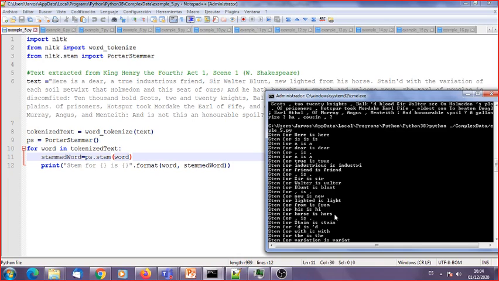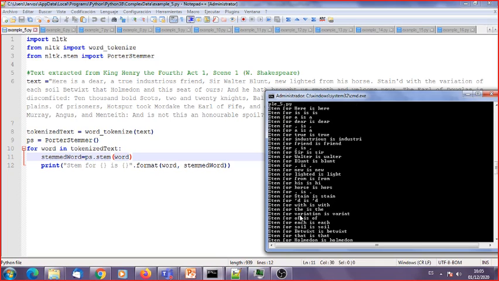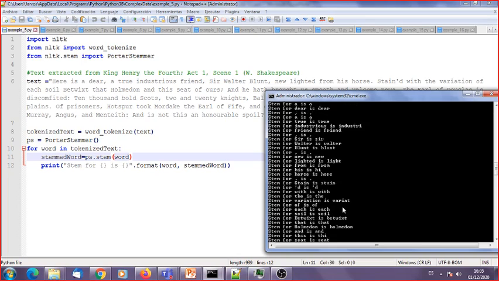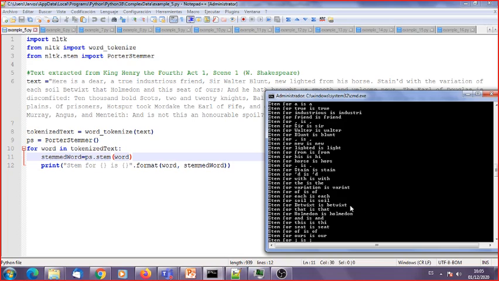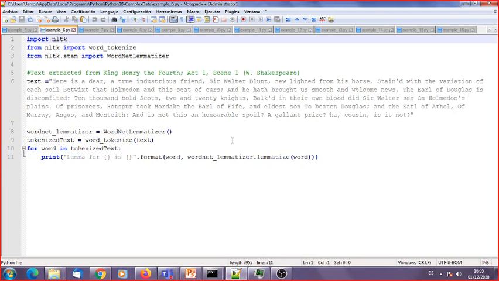So you have performed the stemming, but these stems in some cases are not in the vocabulary.